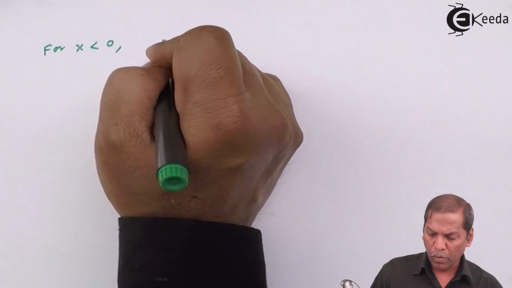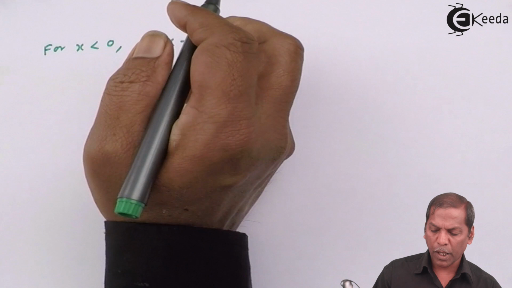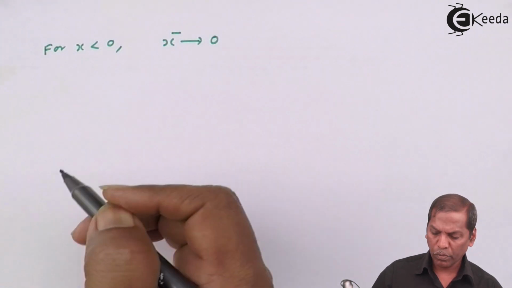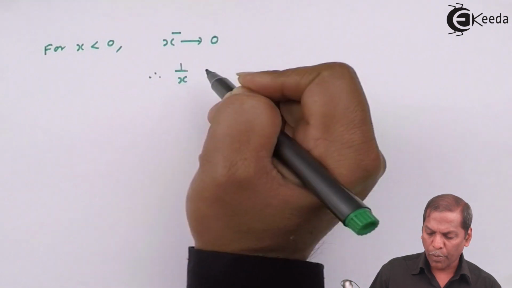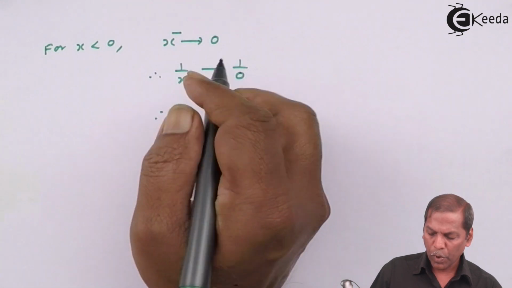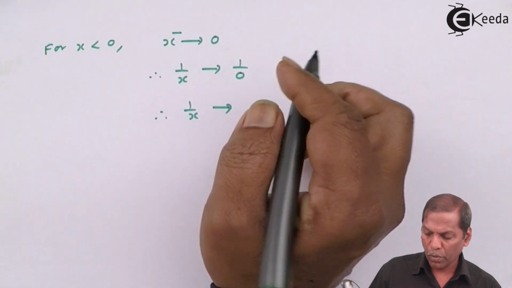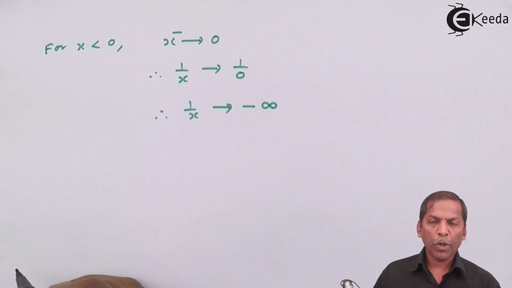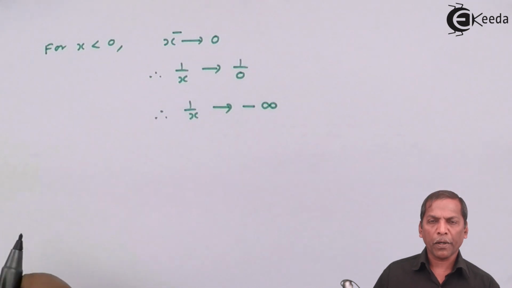So we have x tends to 0, which means x raised minus tends to 0. So 1 upon x tends to 1 upon 0, which means 1 upon x tends to minus infinity. It means here we get infinity as the answer from the left hand side.